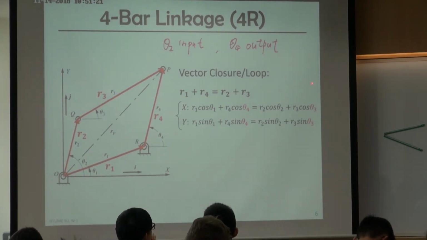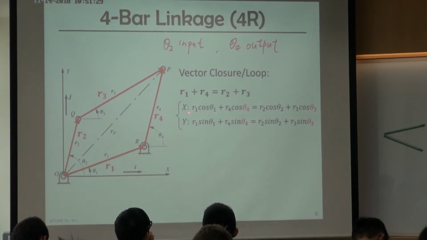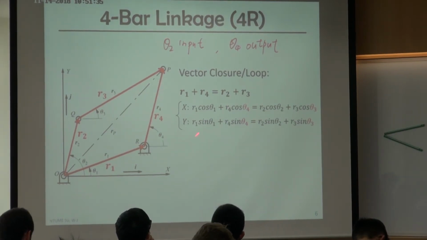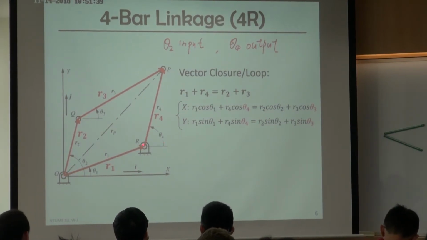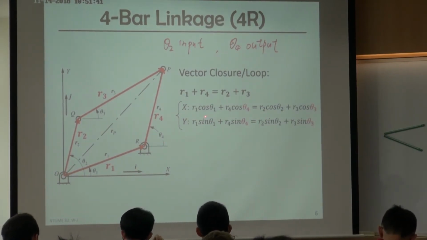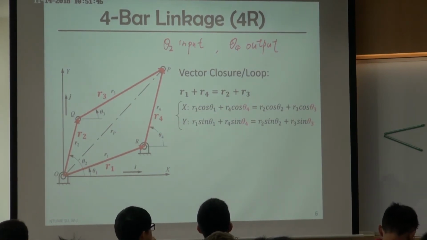In this case, we have two equations, and only two unknowns, because all the lengths are known. R1, R2, R3, R4 are all fixed lengths, and you can simply measure the length of the links to obtain the values of R1 to R4.